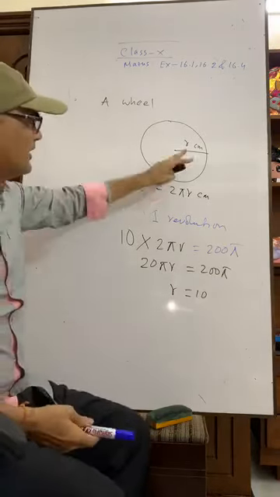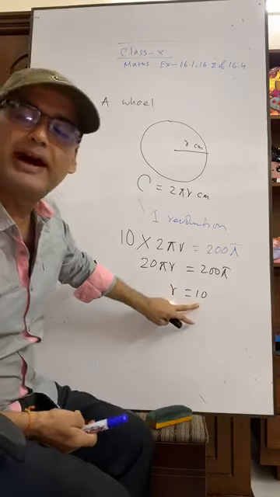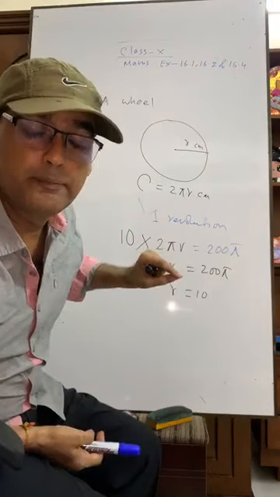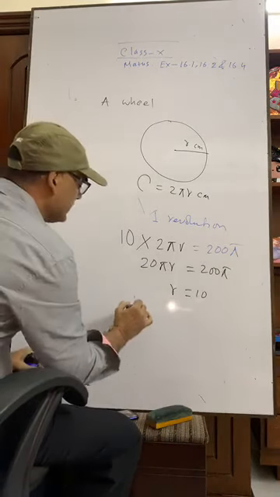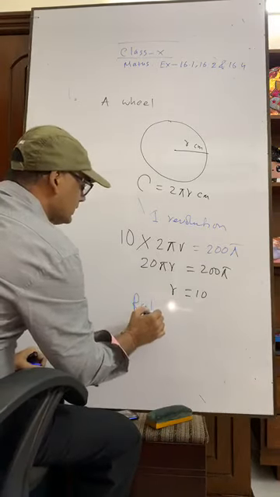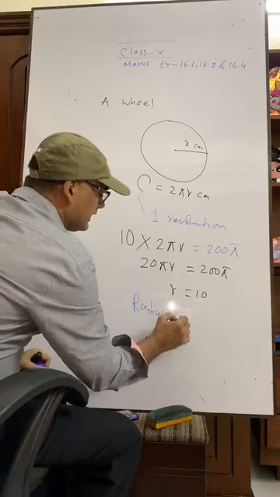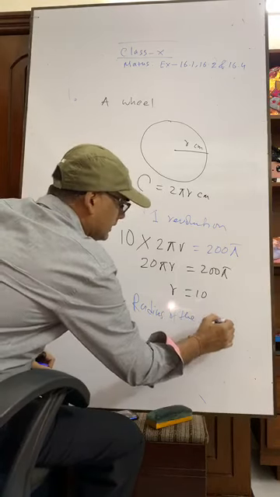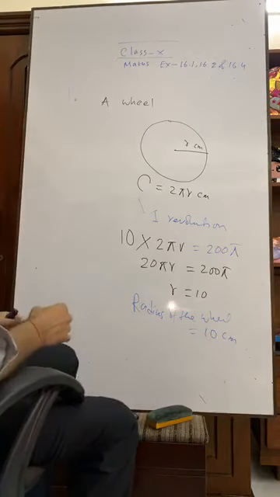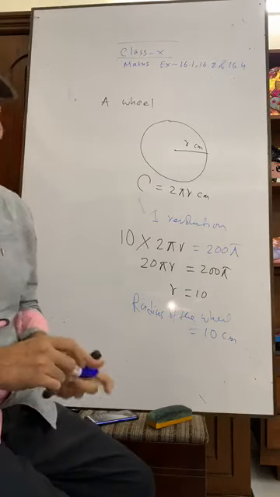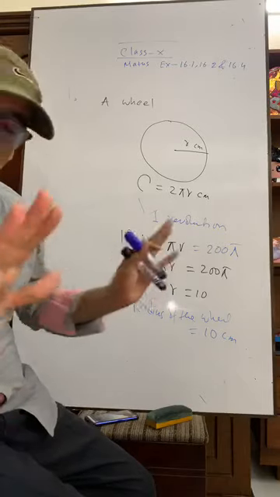The radius of the wheel is 10 centimeter. Write down. Radius of the wheel is equal to 10 centimeter. So question number 1, part A, is done.